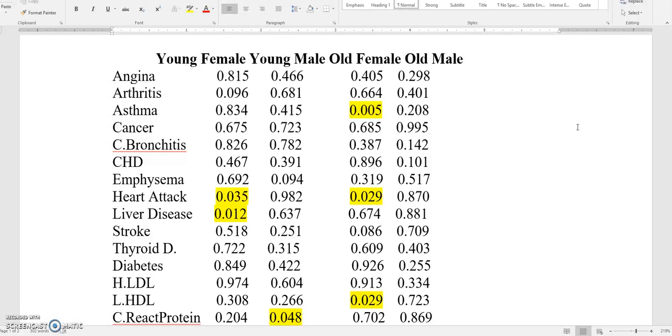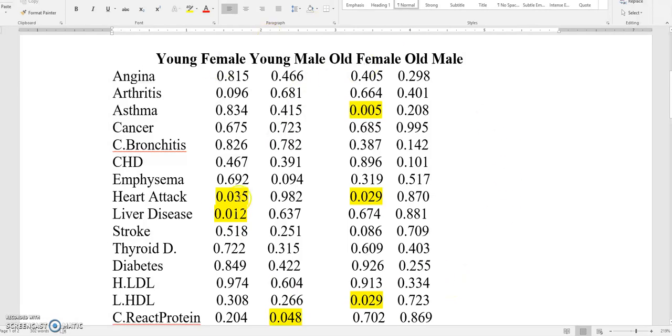So this is a cautionary tale of what can happen when you don't use multiplicity corrections. You come up with lots of spurious conclusions that are not based upon real effects in the data, but instead are based solely on chance. And so we need to be conscious of using them, especially in cases like this, when we've created categories of data and are making multiple inferences as we are here.